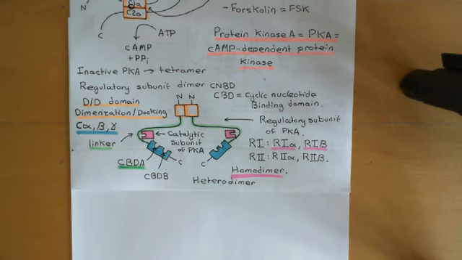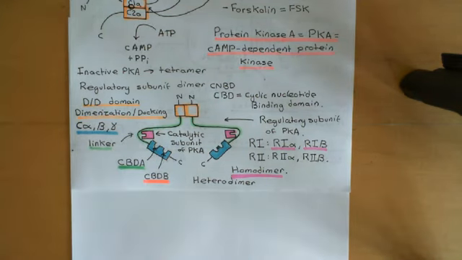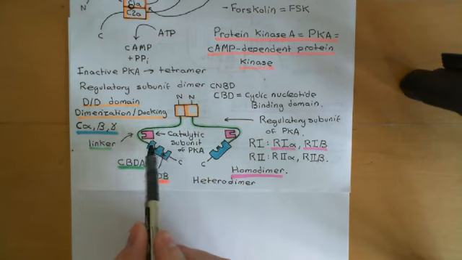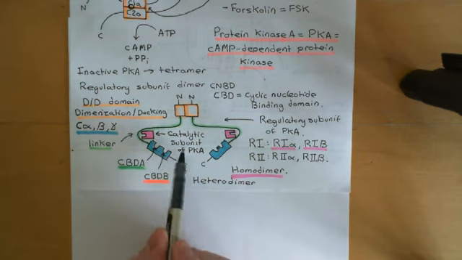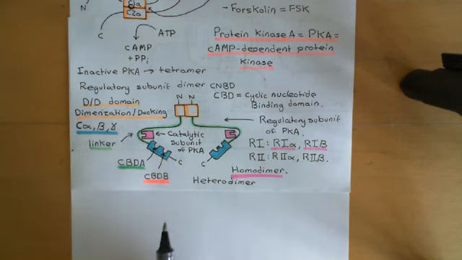Okay, however, initially, the cyclic nucleotide binding domain A is not actually available for cyclic AMP to bind. In fact, what has to happen is cyclic AMP firstly has to bind to the cyclic nucleotide binding domain B, cause a conformational change down here, which makes the cyclic nucleotide binding domain A available for binding cyclic AMP. Then a cyclic AMP molecule has to bind to the cyclic nucleotide binding domain A, and that causes the conformational change down here, which releases the catalytic subunit.